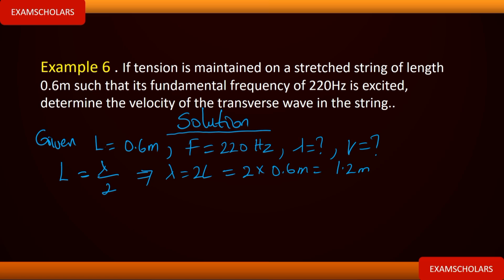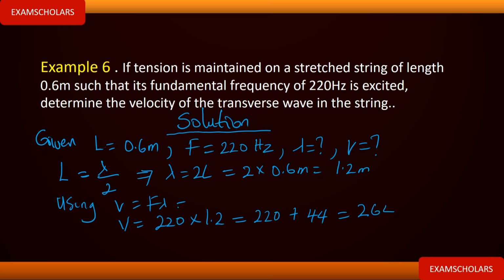Now using the relationship V is equal to F lambda, V is equal to the frequency, 220, multiplied by the wavelength that we've calculated, 1.2. 220 times 1.2, that would be 220 plus 44, and that will give us 264 meter per second.